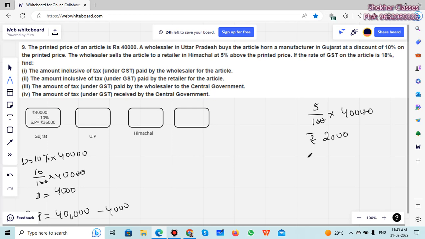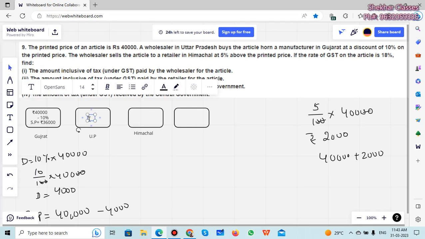So what is the price that he sells it to the retailer at? 5% above the mark price, so 40,000 plus 2,000. The SP here is 42,000 rupees. Clear?